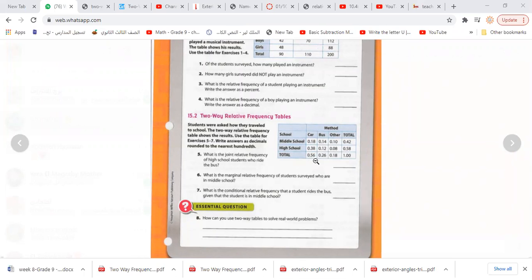Miss, can I say? Yes. We can calculate the frequency, for example, to calculate each frequency in the real world.